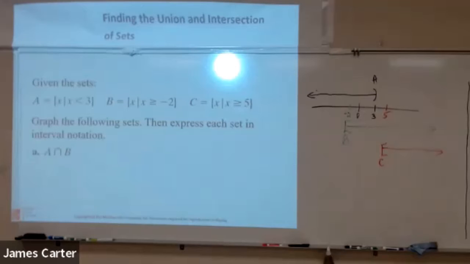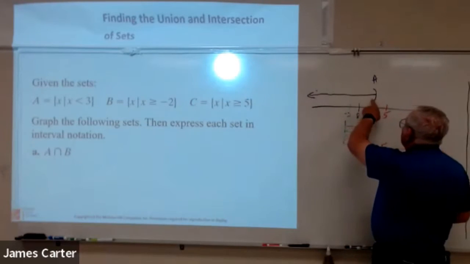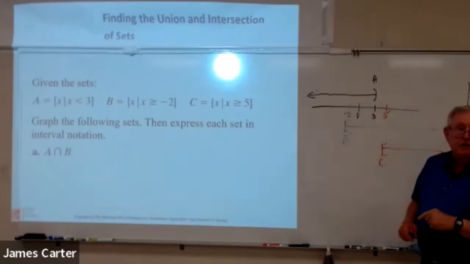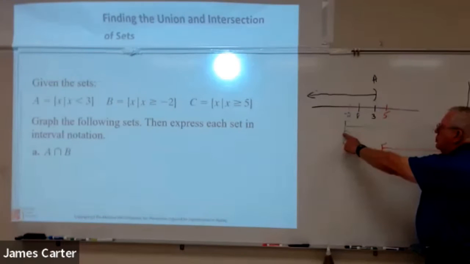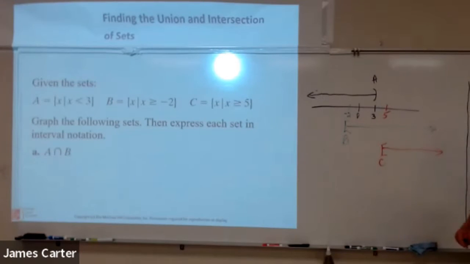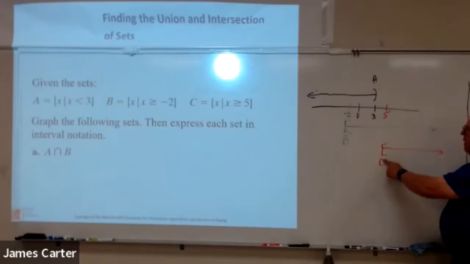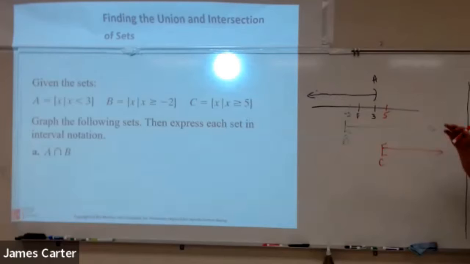What if I had asked you interval notation? -infinity to 3 non-inclusive. -2 inclusive to positive infinity. 5 inclusive to positive infinity. See how easy these graphs make interval notation?